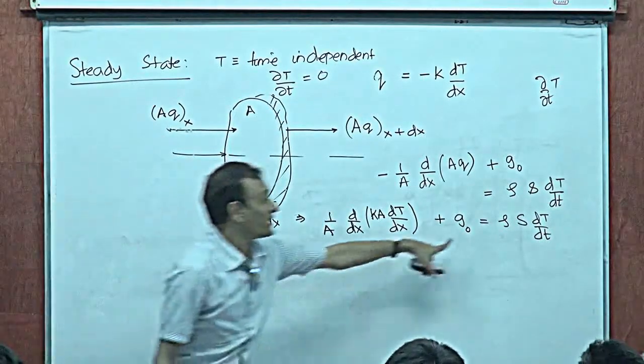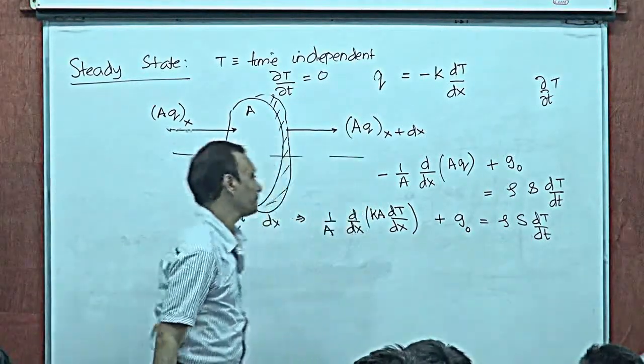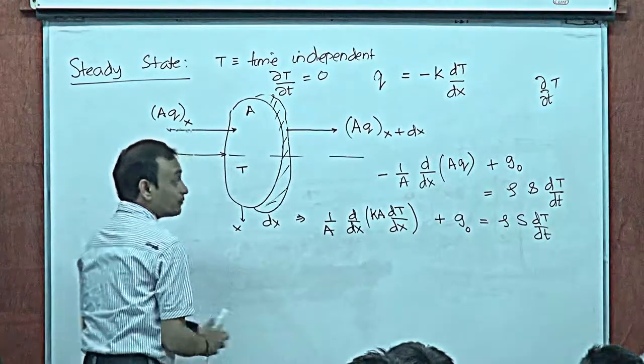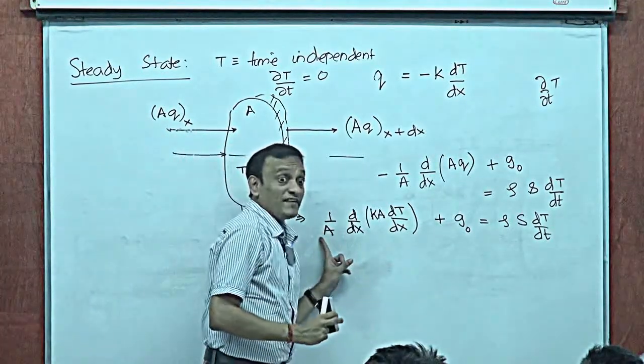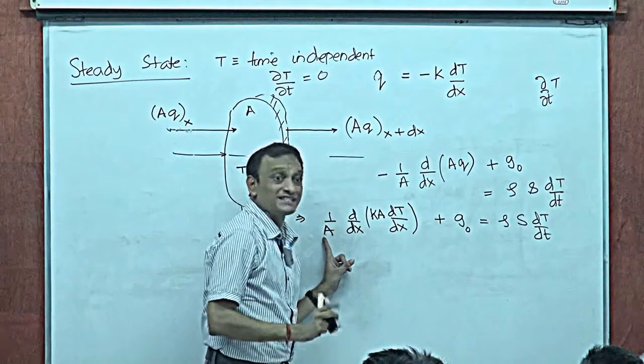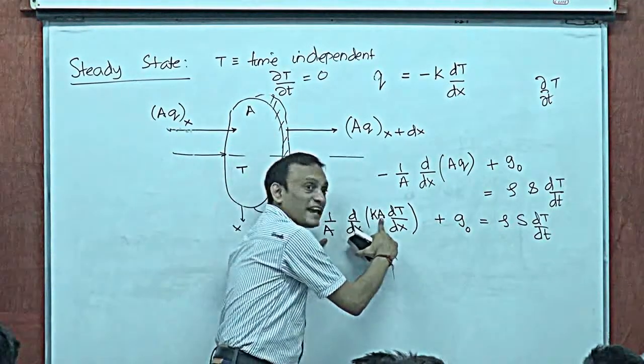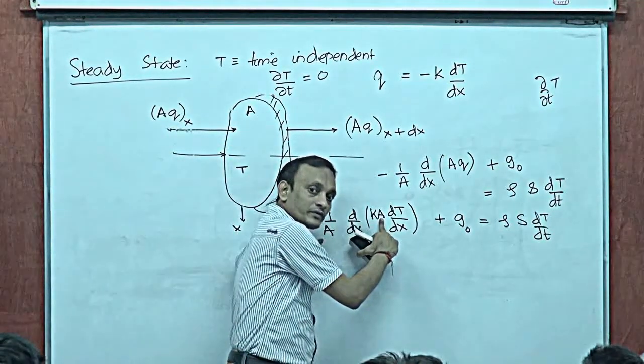So the right hand side would vanish. Right? It becomes 0. And in this case, I have not assumed that area of cross section is necessarily a constant, because this A is factored inside the derivative, right?